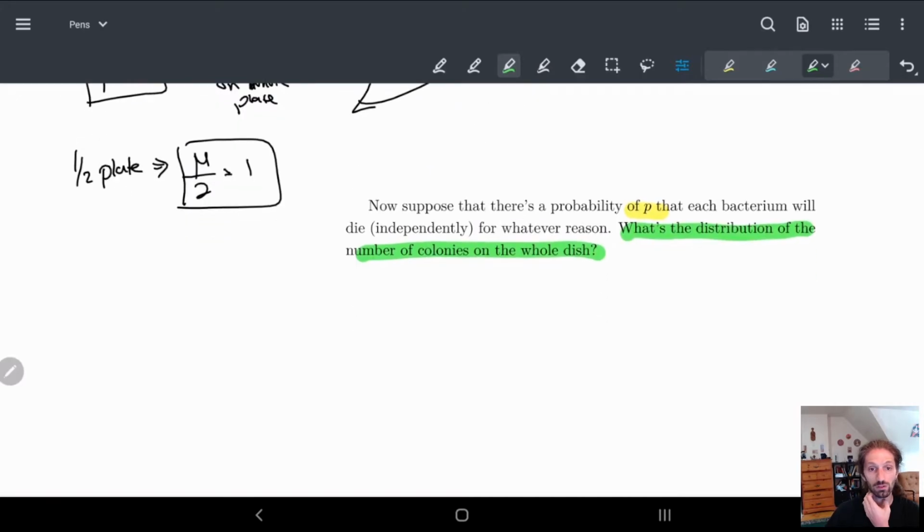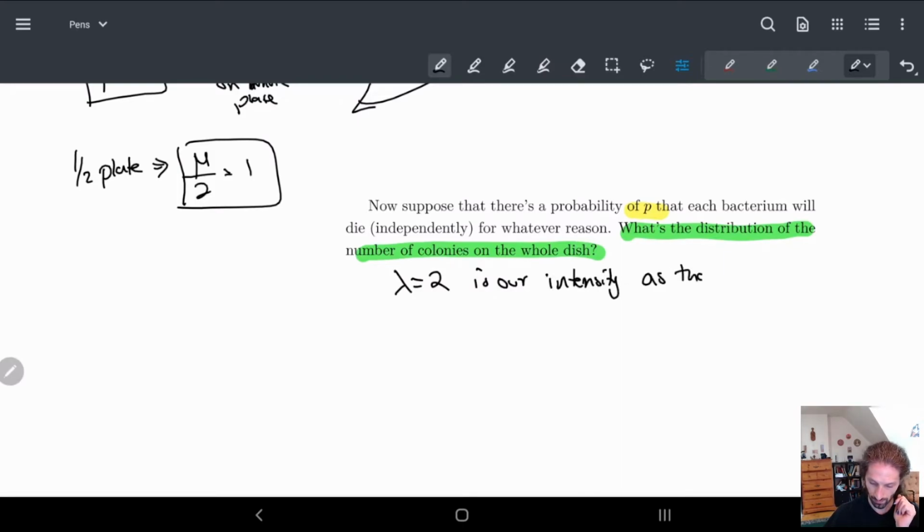So what we know is we already know the intensity from before, right? We already know that when we scatter it, lambda is equal to 2, our intensity. And we want to find the probability of having one particular colony on our dish.